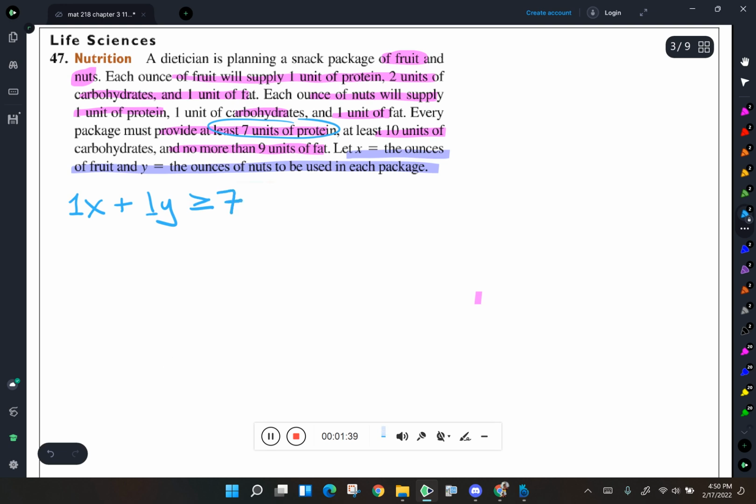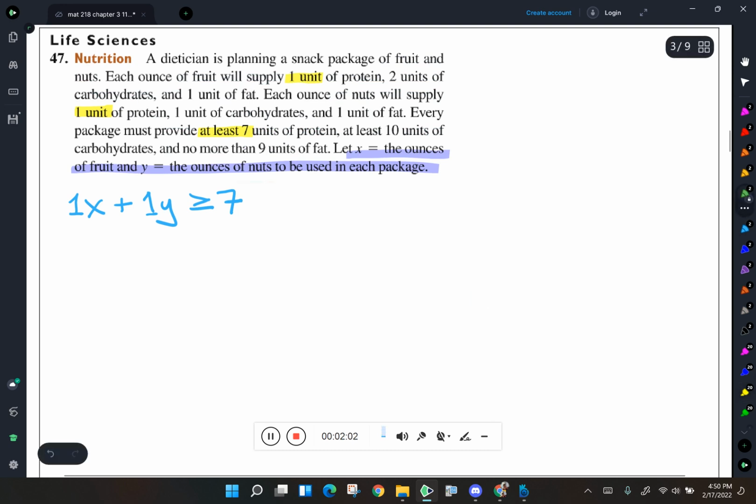Okay, so where are the ones from? The 1 unit of protein and the 1 unit of protein, and it must be at least 7. At least 7 means 7 or more.